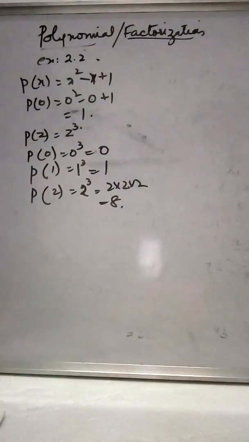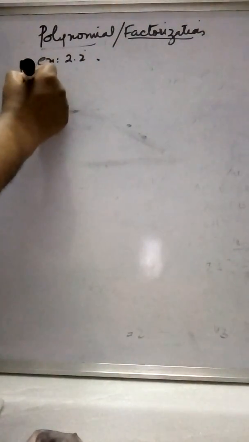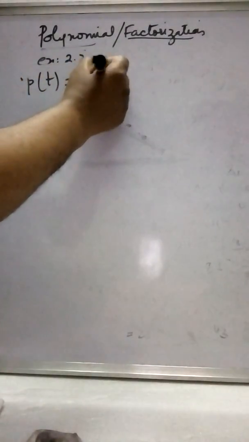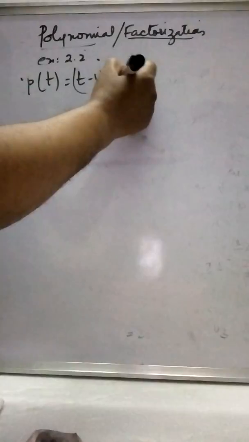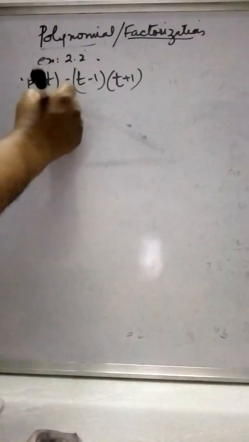Now we'll see one more. P of t is equals to t minus 1 into t plus 1. What happens with P of 0?